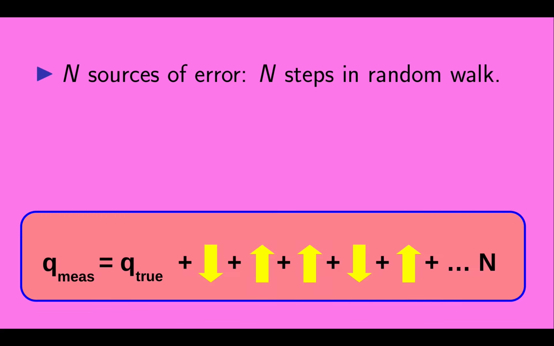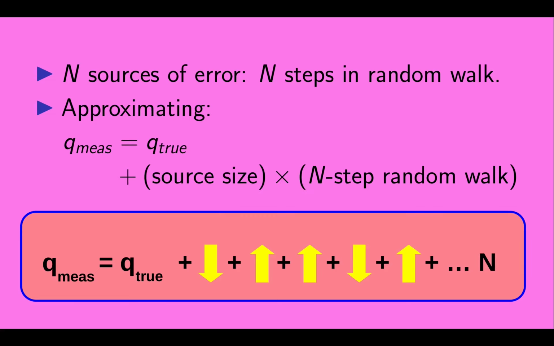We have n sources of error, so we have n steps in our random walk. So basically, in this crude model, we are approximating Q measured as Q true plus the error source size times the result of the n-step random walk.